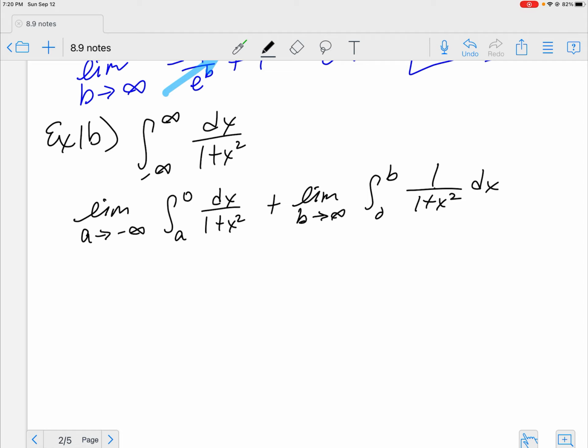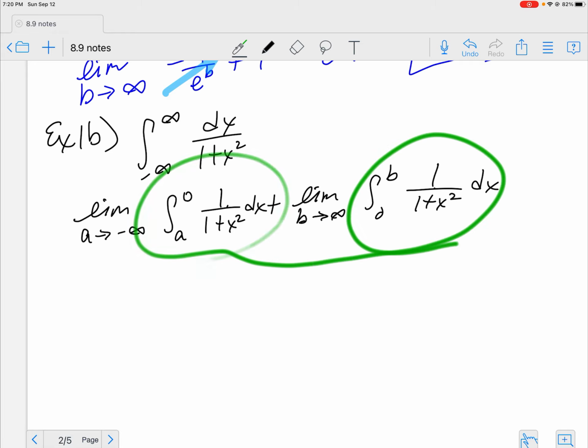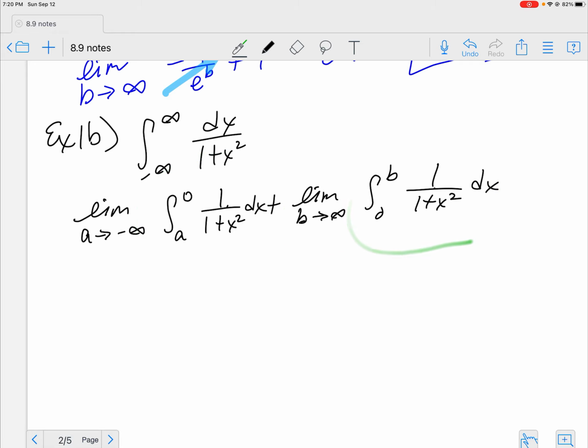Does that look more like inverse tangent now? Yeah, right? So I'm okay with that, but just realize if the dx is on the top, that's the same thing as a 1. Okay. Now, here's the beauty of these problems. Once you figure out this first integral, it's the same thing as this one because you're still integrating the same deal. The bounds are the only thing that are the issue here.